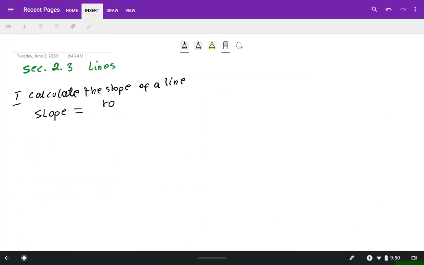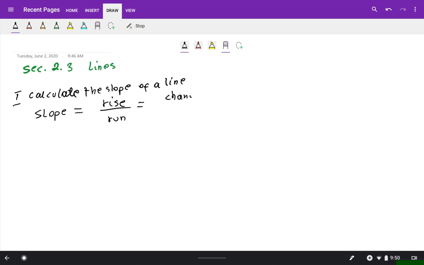So the slope, most of you know, is rise over run, which means rise means change in y divided by change in x.